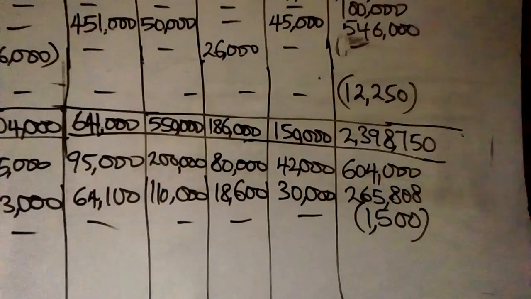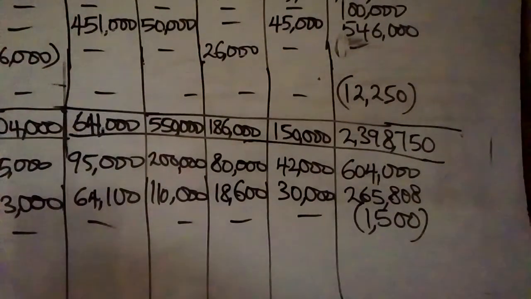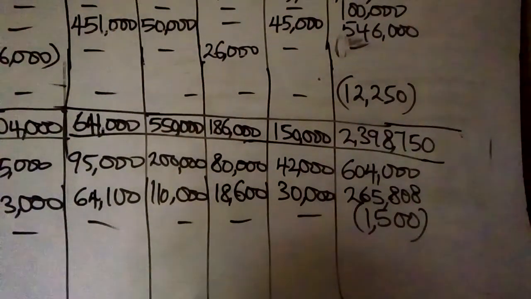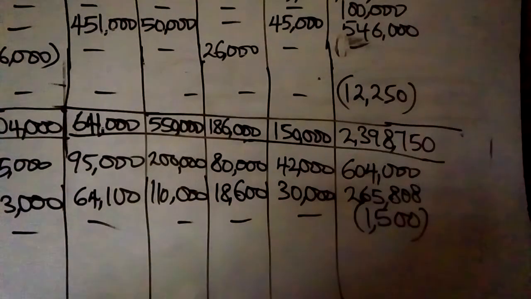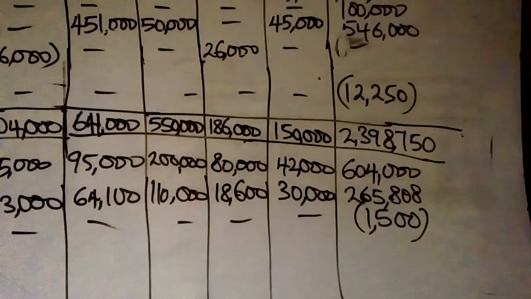Then there is a reclassification. One asset was reclassified as another. Let's have that as working 5, or working 6. Reclassification.